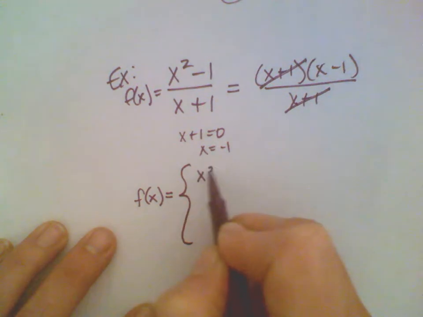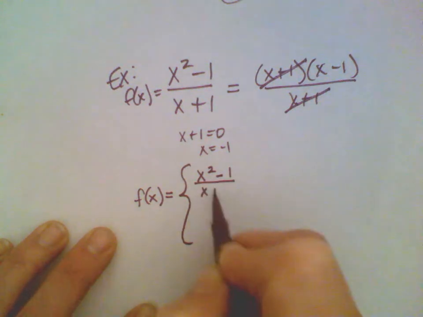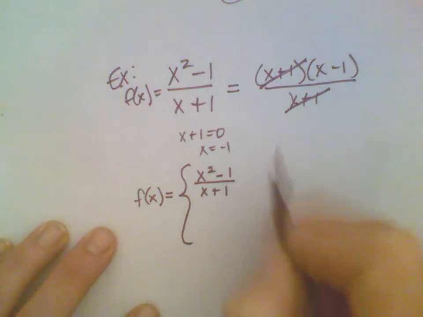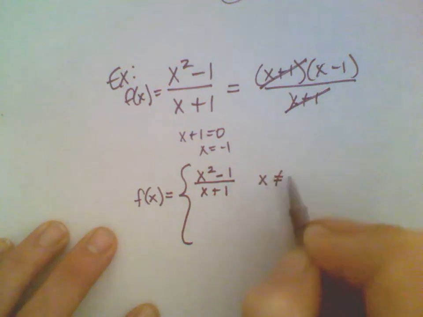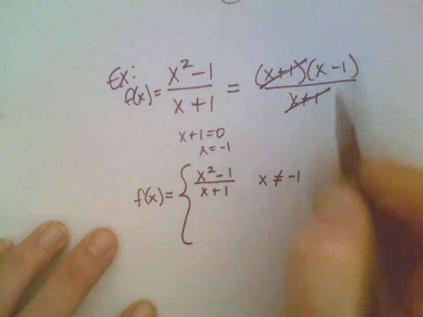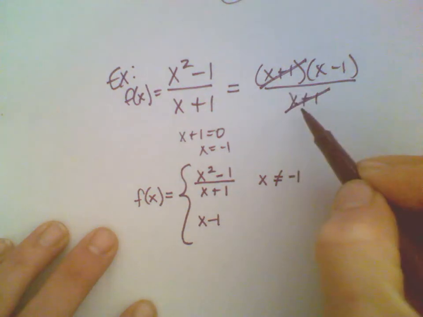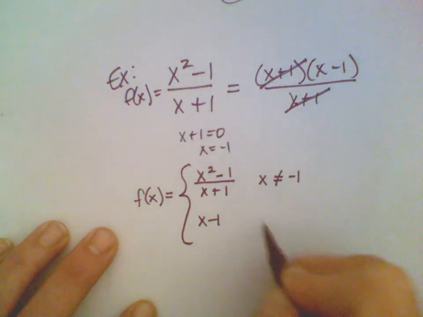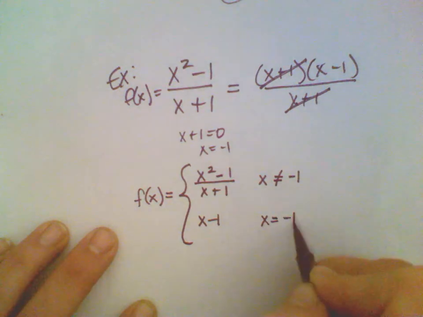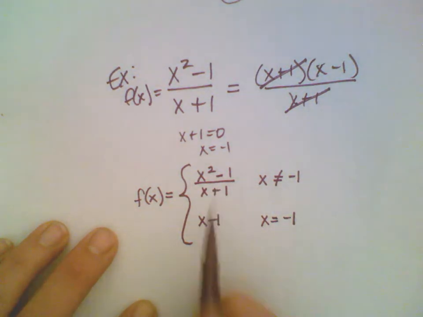This function that I said, x minus 1 over x plus 1, for everywhere except at negative 1, because that's where it doesn't exist. But then it is x minus 1, because that's where that hole was cut out, at x equal to negative 1. So all this does is helps me fill in the hole that I removed in that function.